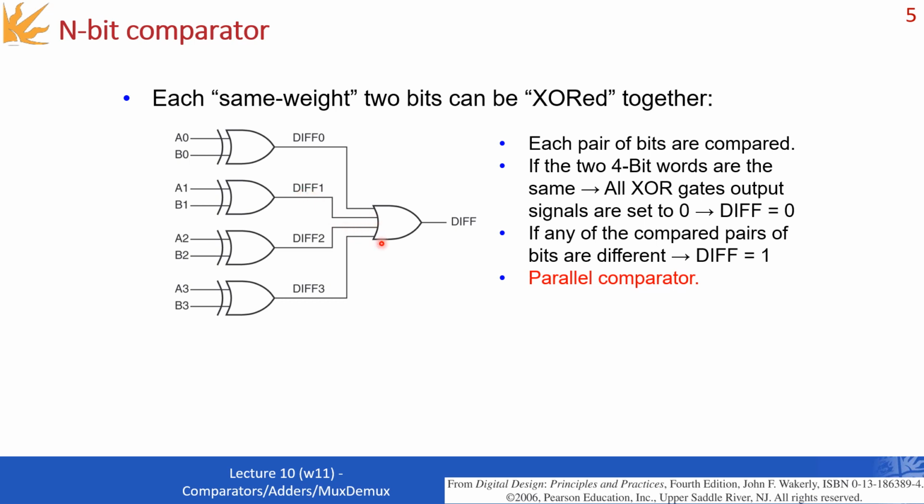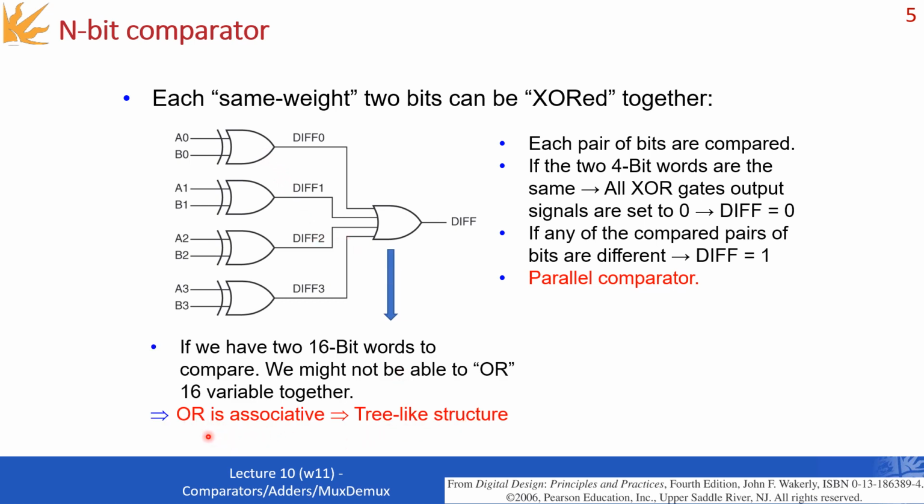So passing the results here works as the final verdict. If at least one of the pair of bits is true, then the last OR over here is going to output 1. So this is going to signify that there was a difference in at least one of the pair of bits. Notice that this is a case of parallel comparison, because you compare the bits in pairs in parallel.